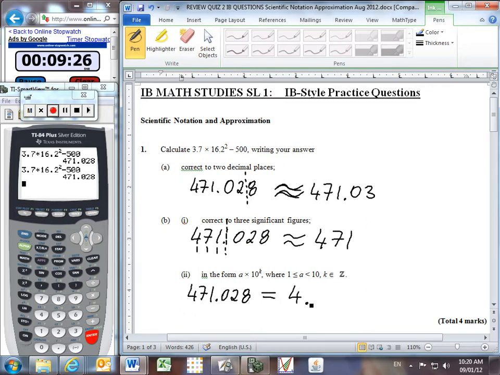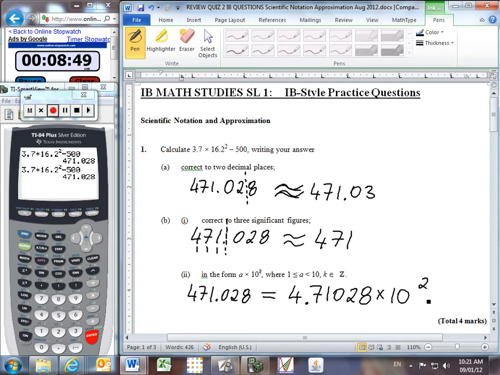And so our decimal point must go immediately after the 4, and that's how we ensure that a, the number in front, is going to be between 1 and 10. In this case, of course, we've got 4.71028 is the complete number. And how many times did I move the decimal place? 1, 2. And so it's times 10 to the, there's going to be a 2 in here, and because this is a large number, this is going to be a positive exponent. Okay?